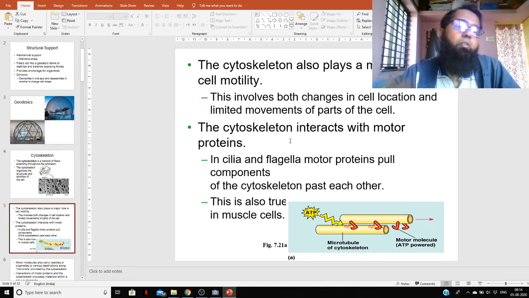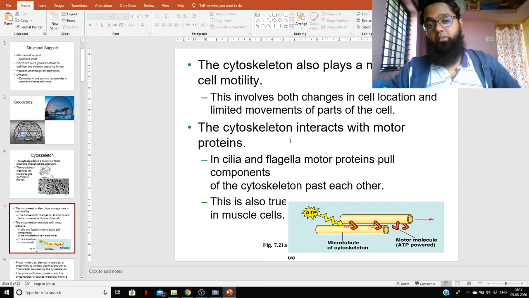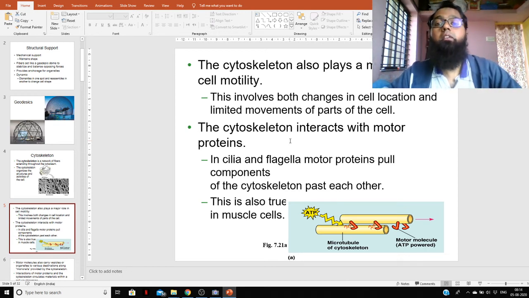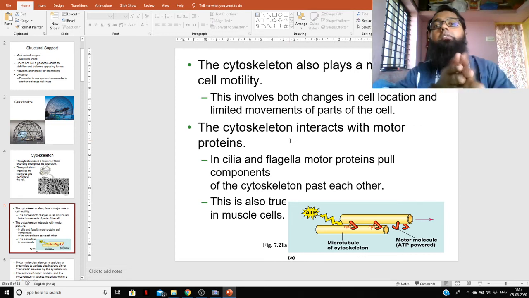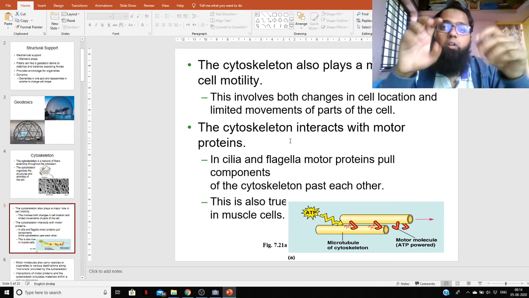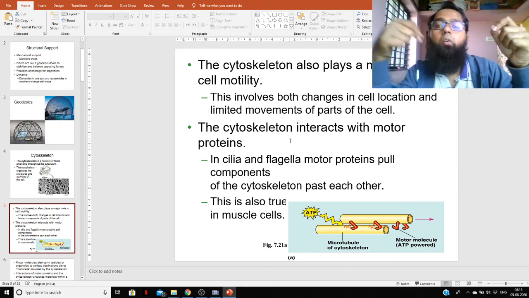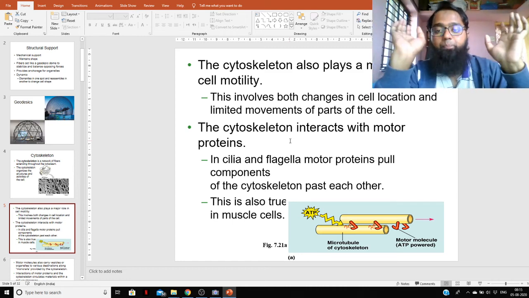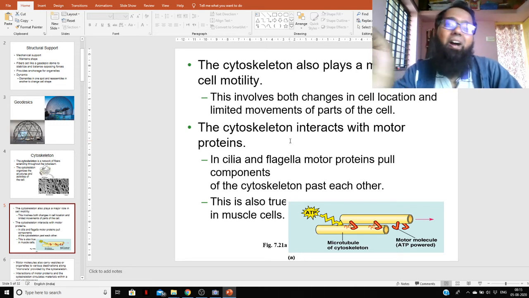Now the next point mentioned in the slide: this involves both changes in cell location and limited movements of the part of the cell. Then the cytoskeleton interacts with motor proteins. That means the cytoskeleton acts as the railways, and motor proteins are the trains, upon which the materials are carried from one part of the cell to another. A very good example they have taken is the cilia and flagella. Motor proteins pull components of the cytoskeleton past each other.